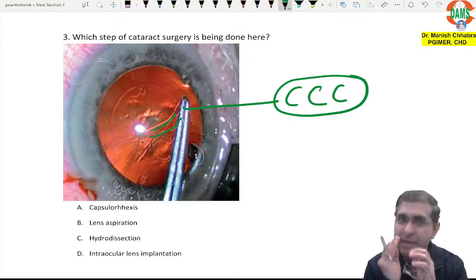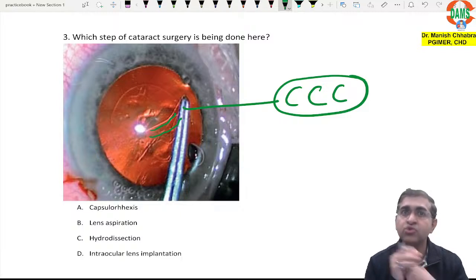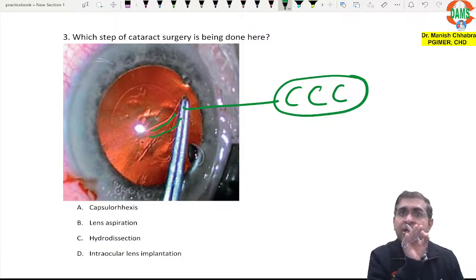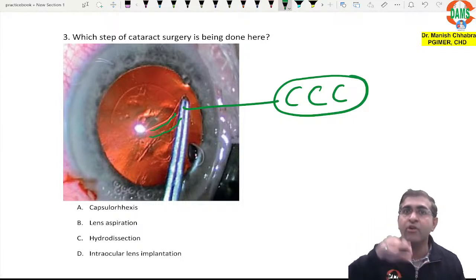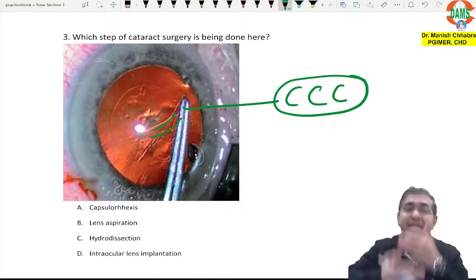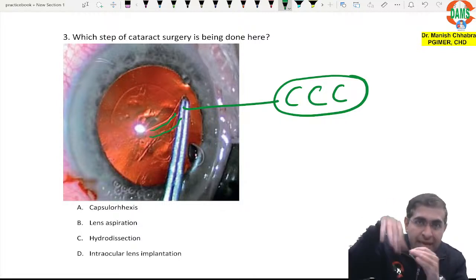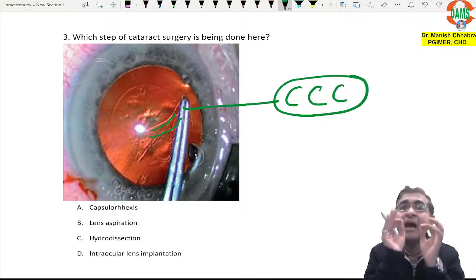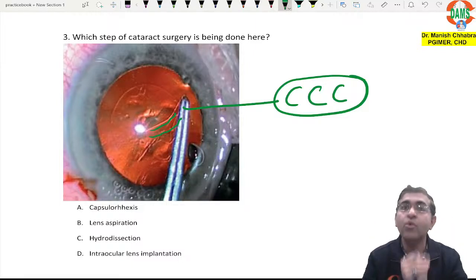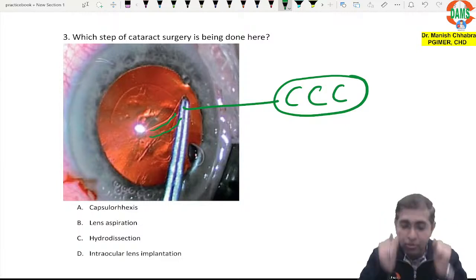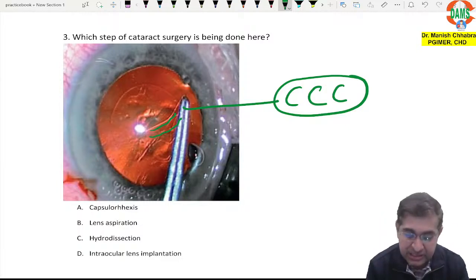When you operate the patient, you need to remove the capsular flap to create a window in the anterior capsule from which you extract the cataractous lens and you implant the artificial IOL whose power has been calculated before with the help of biometry. Yes, so this is capsulorhexis.